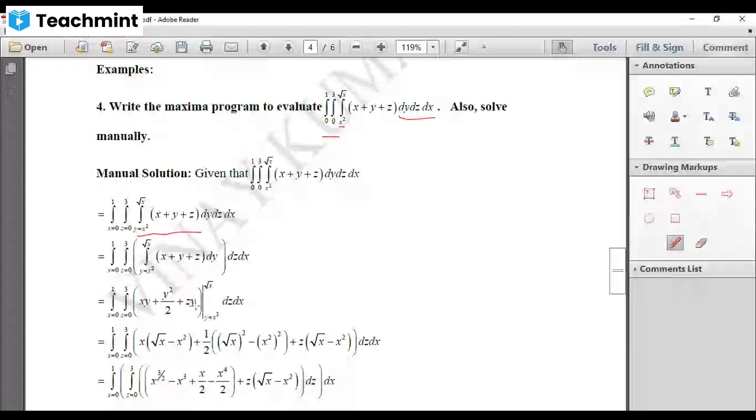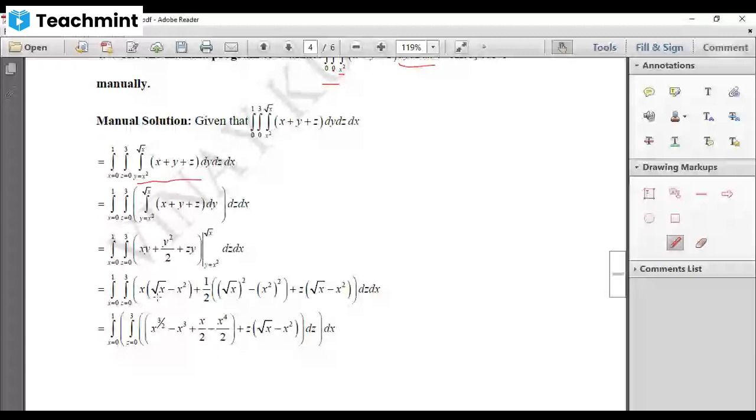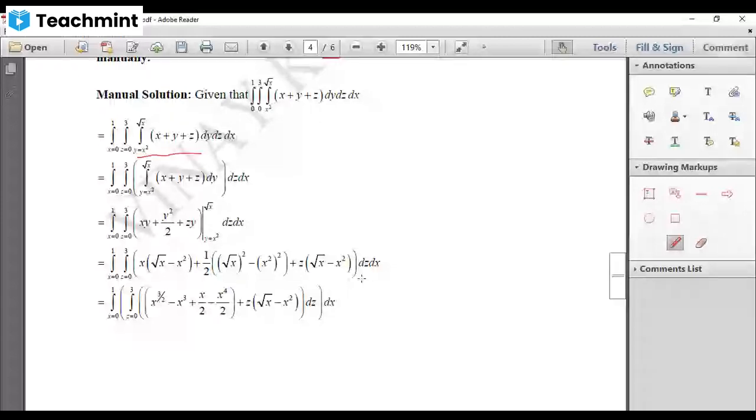So here x is constant, upper limit root x minus lower limit x square, plus 1 by 2 into upper limit root x, therefore root x whole square, minus lower limit x square, so x square whole square, plus z is constant, upper limit root x minus lower limit x square, dz dx.